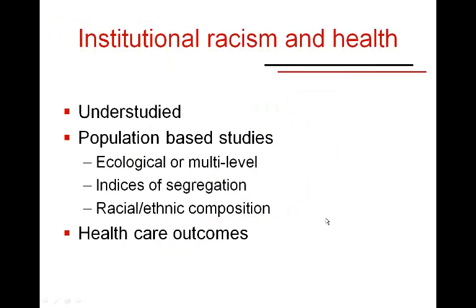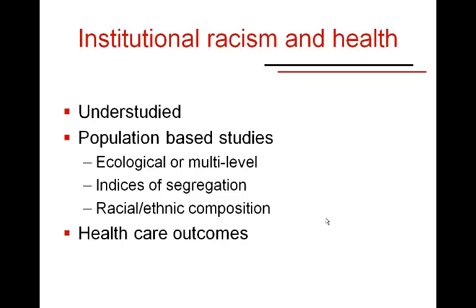So again, thinking about structural discrimination or institutional racism and health, compared to other forms of racism, this one is relatively understudied, again by virtue of the constraints on how we measure this and link exposures to institutional racism to individuals so that we can tie them to their health outcomes. Most work in population-based studies has been ecological or multi-level. Much of it has used indices of racial segregation, physical residential segregation, or used things like racial ethnic composition as a way of approximating processes of segregation at a structural level.